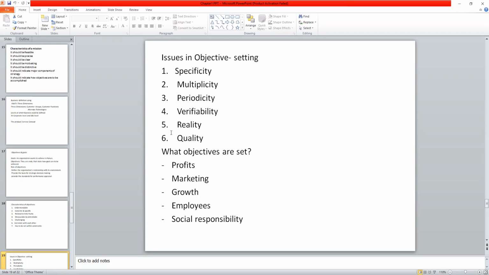Here, even this has to be quantified. Maybe the company thinks of having social responsibility with reference to the products, or with reference to taking care of the customers. So exactly how the company is planning to adhere to this social responsibility has to be specified.